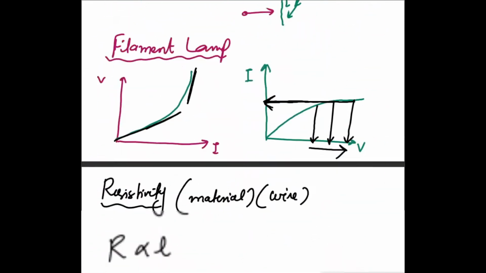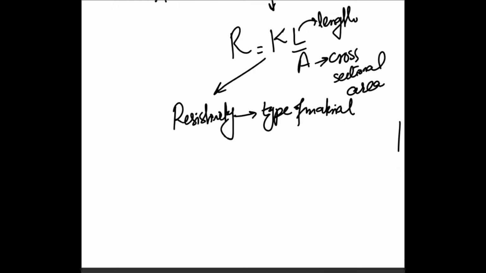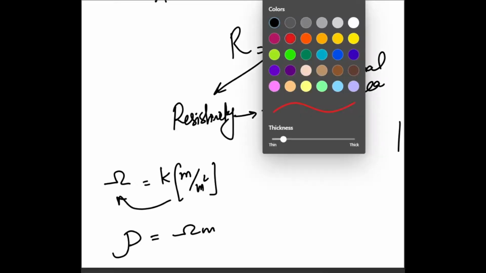Okay, so if I replace the resistance units only, what I'm going to get is ohms equals K into length in meters over cross-sectional area in meter square. So I get 1 over meter and I'm taking that meter over there. So the unit of resistivity, which is rho, is ohm meters. So this unit, not ohm per meter, but ohm meters.